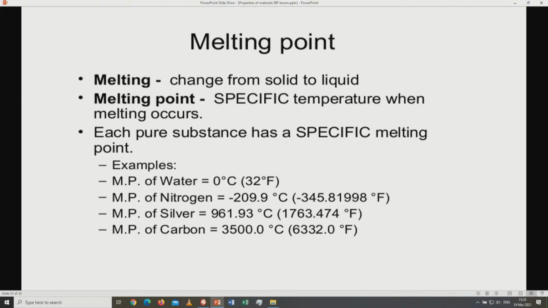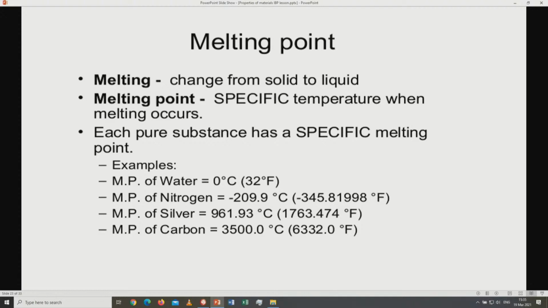Now the first thing that you need to know is what is melting. Melting is the change from solid to liquid, which means a solid will change to liquid. Let's take for example, you have ice. If you heat it up, it will change to a liquid.